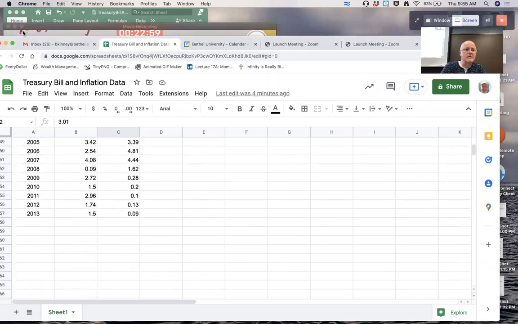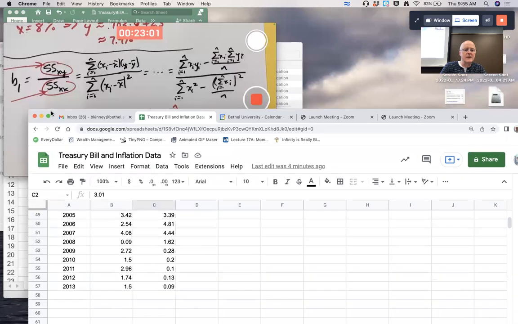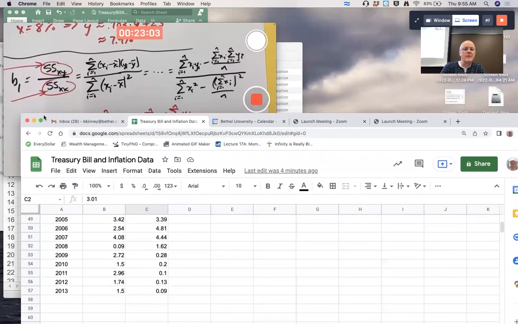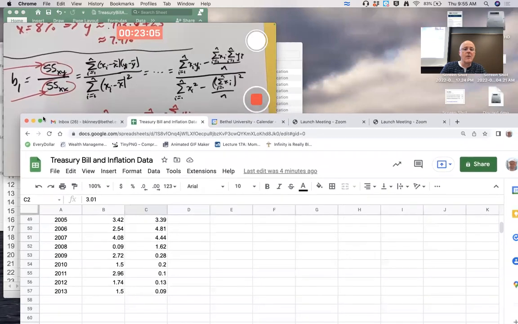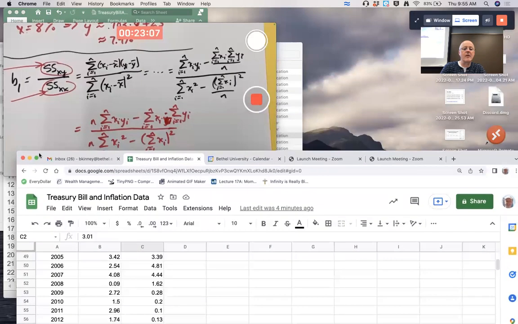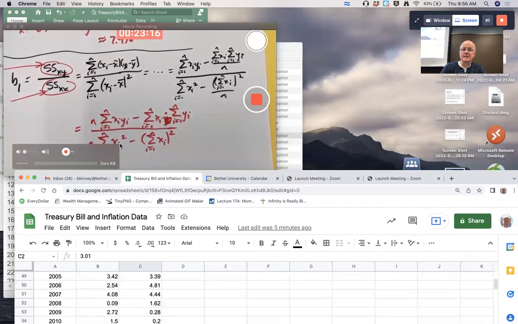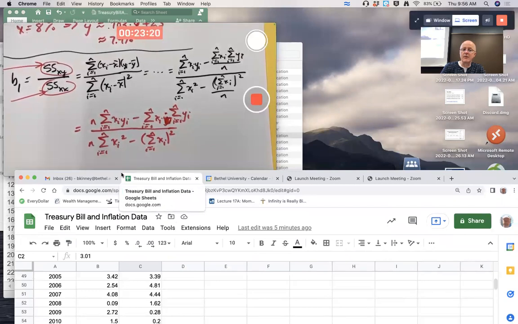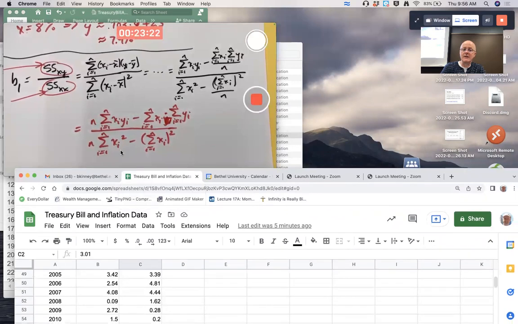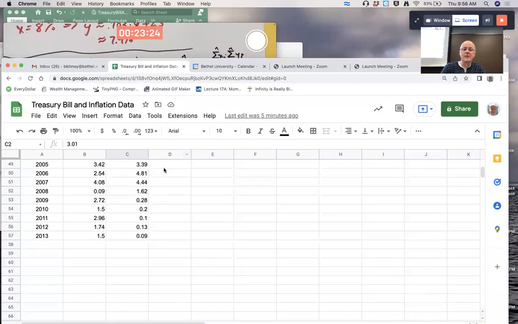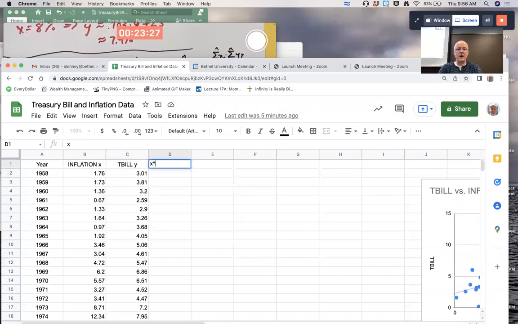Let's put the summations down here. We are going to need to add up the products of the x's with the corresponding y's, and add up the squared values of the x's. So to confirm this formula with the spreadsheet, I should make 2 more columns: one with x squared values and one with x times y values.